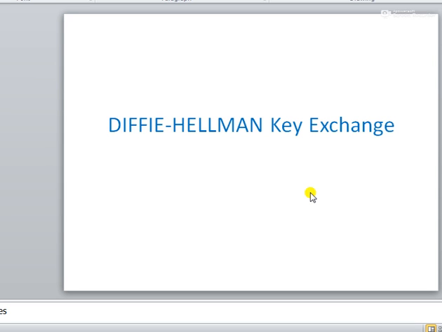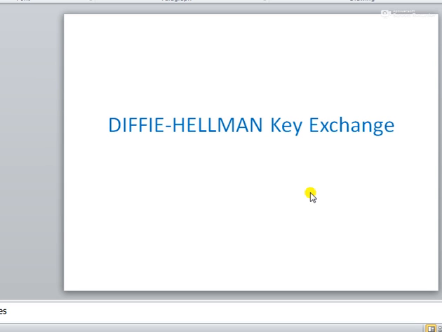But in asymmetric key cryptography we use two keys between the sender and the receiver for encrypting and decrypting the data. We exchange the public key and keep the private key.